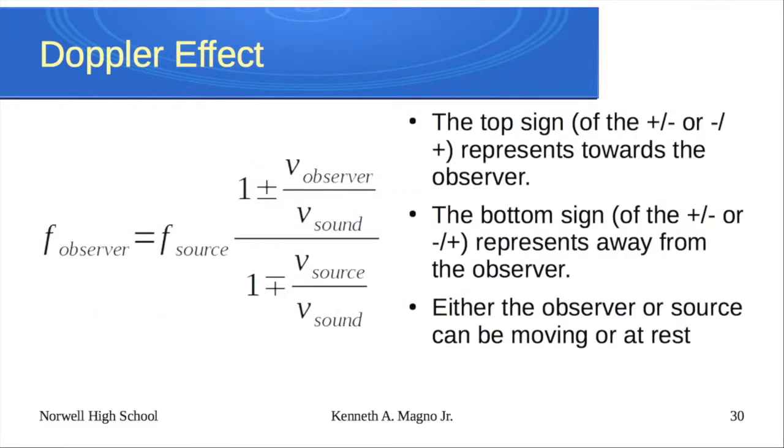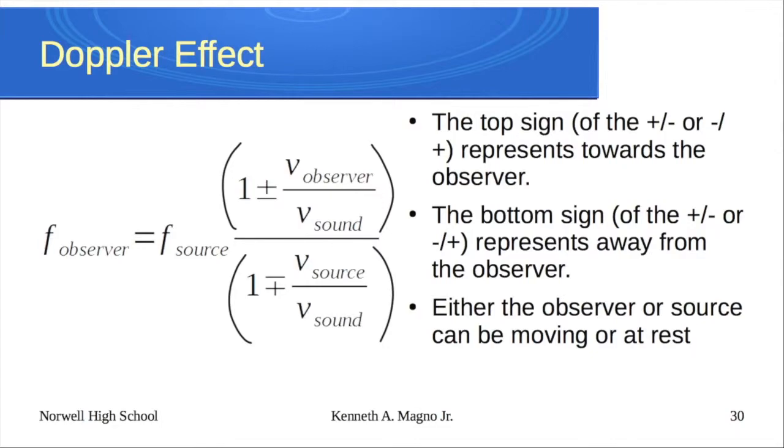Kind of a generalized equation that we can find is that the frequency that the observer hears is equal to the frequency the source is producing, the siren, whatever it is, times this kind of really big complex looking fraction. So really I could put some parentheses around this, and you probably should too on your paper, and it's 1 over versus the 1 over this.